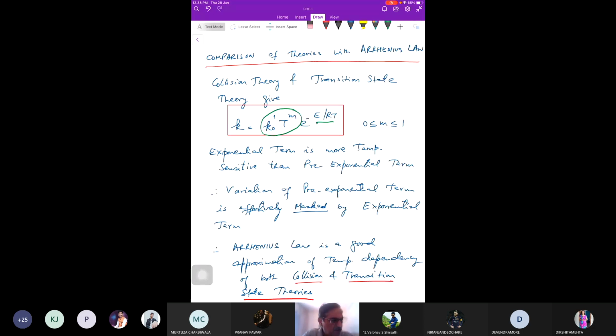I think somewhere in unit 3 there is collision state theory or transition state theory, we'll see if we get time, we'll go through that. But right now just understand that Arrhenius equation or Arrhenius law and collision state and transition state theory almost give the same equation for temperature dependency.